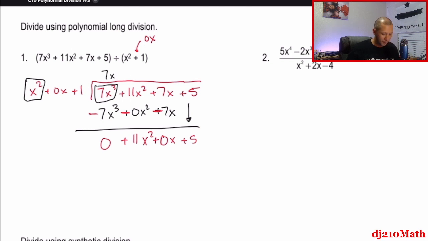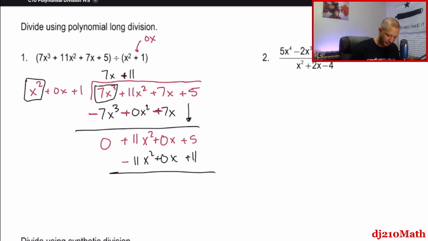Okay, start over. Looking at the leading term, x squared times what gives me 11x squared? Well, that's just positive, just 11. When we multiply 11 times the trinomial, we're going to get 11x squared, plus positive 0x, then plus 11.